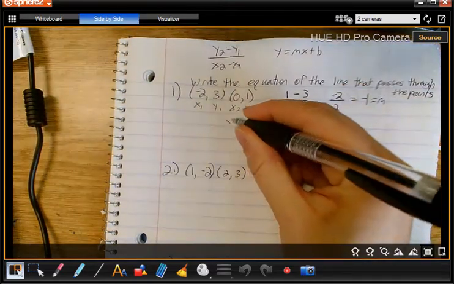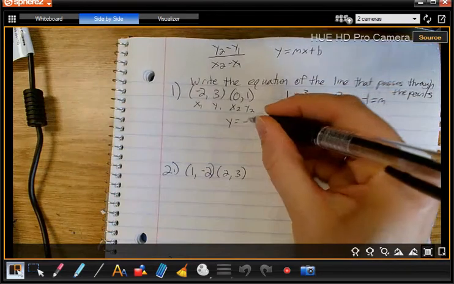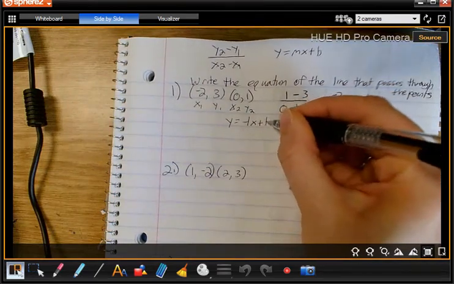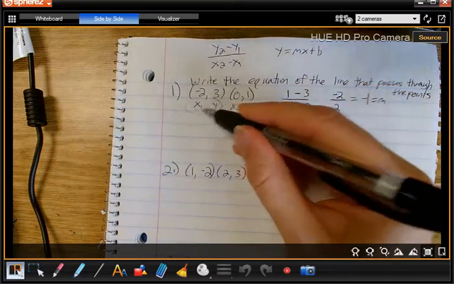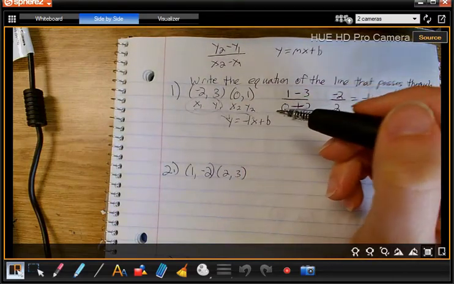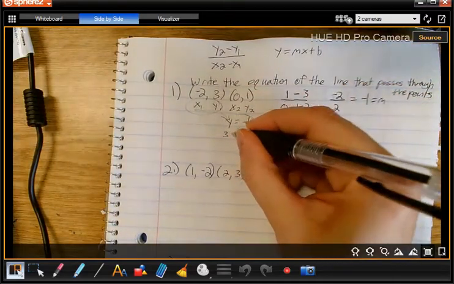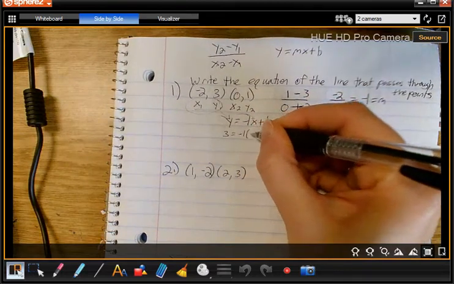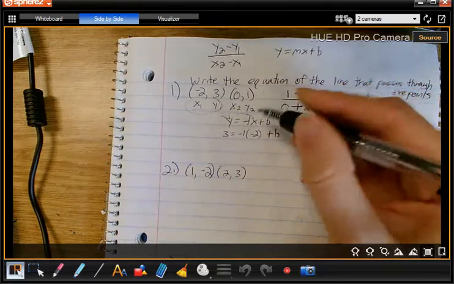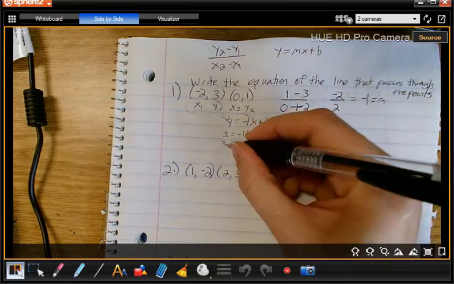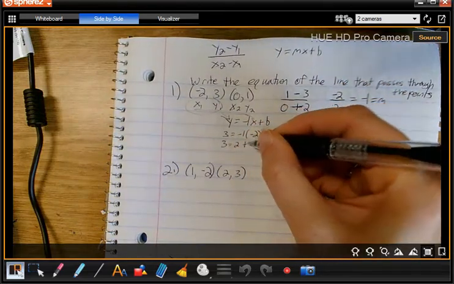Now we've got to find the b. So we've got y equals negative 1x plus b. Now I'm just going to take y1 and x1 and plug them in to find my b. So I'm going to go 3 equals negative 1 times negative 2 plus b. Negative 1 times negative 2 is a positive 2 plus b.